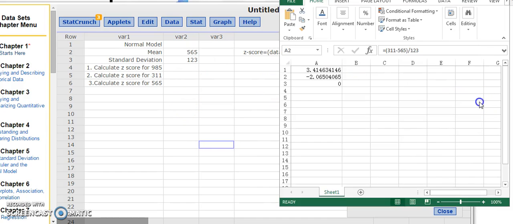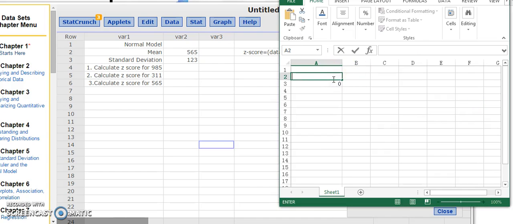I'll do that in a single step in Excel. This just shows you what you might do when you type into your calculator: the parentheses, the value, calculate. We have a normal model with mean 565 and standard deviation 123. We need to calculate the z-score for 985.